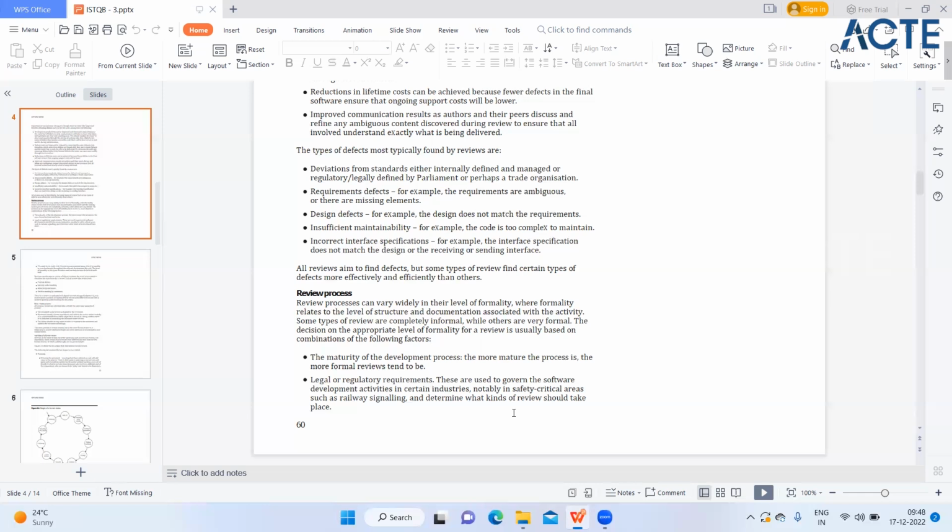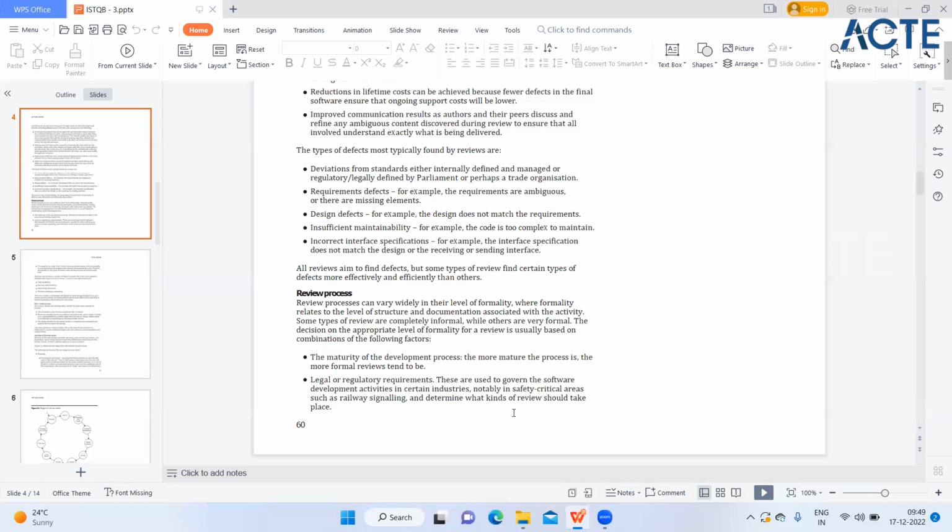For example, if it's a safety standard project, or related to medical or health, then definitely the review process should be more mature, and we should discuss everything in detail. Or if we are developing an application related to food, then definitely we have to check all the aspects.